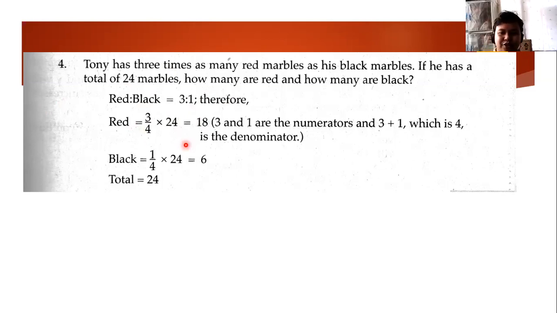So, 3 and 1 are the numerators, and 3 plus 1, which is 4, is the denominator. Same with the other: 1 over 4 times 24 is 6. Why? You just multiply the two. 3 divided by 4 is 0.75, times 24 is 18.